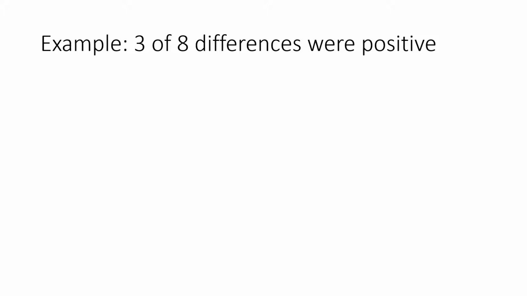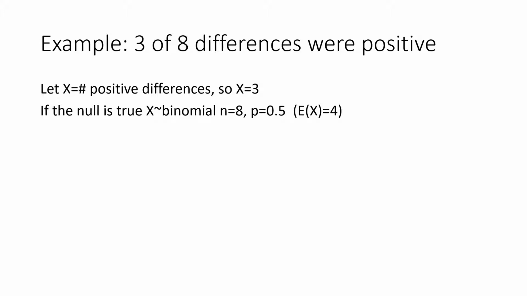Okay, so in our example, 3 out of the 8 differences were positive. Remember that if the null hypothesis is true, since my sample size was 8, my binomial distribution is going to have n equals 8 and p equals 0.5, so the expected number of positive differences that I would expect to see if the null hypothesis is true is 4.